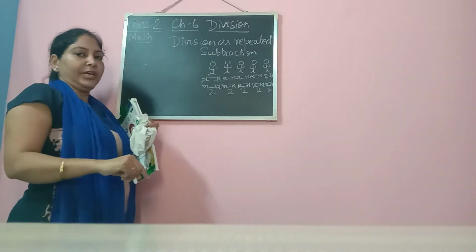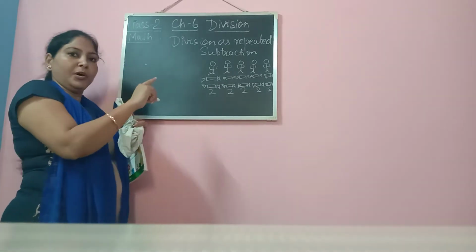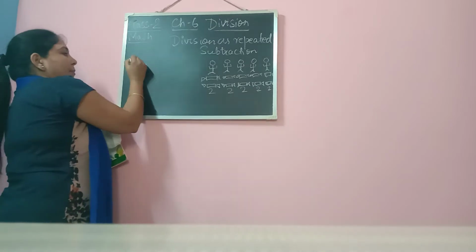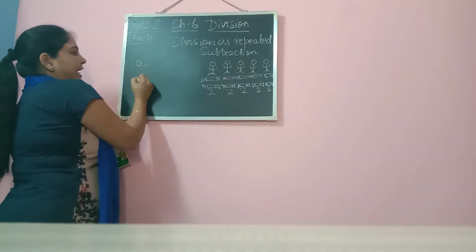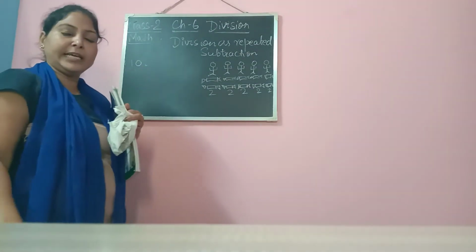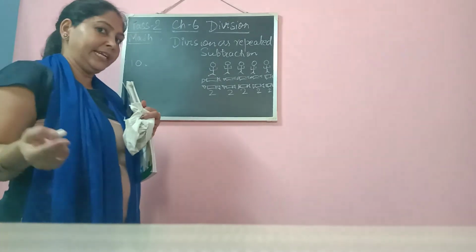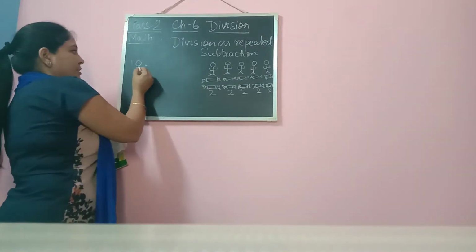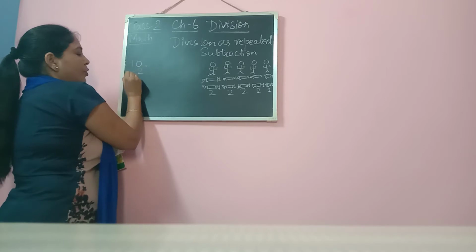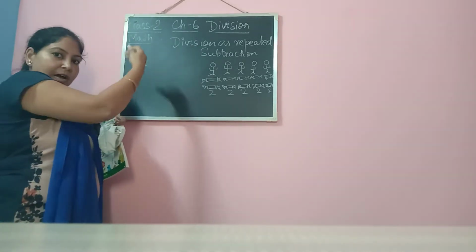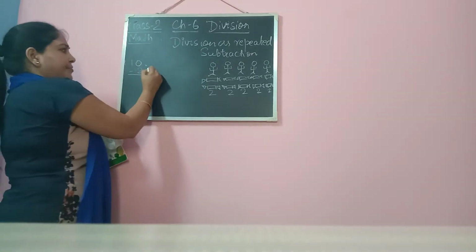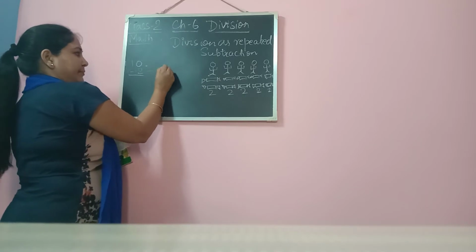Now the same thing we are going to explain in the form of subtraction. So how am I going to do this? See, every child is getting 2 toffees, so I am going to subtract 2 from 10 first. So this is first 10.